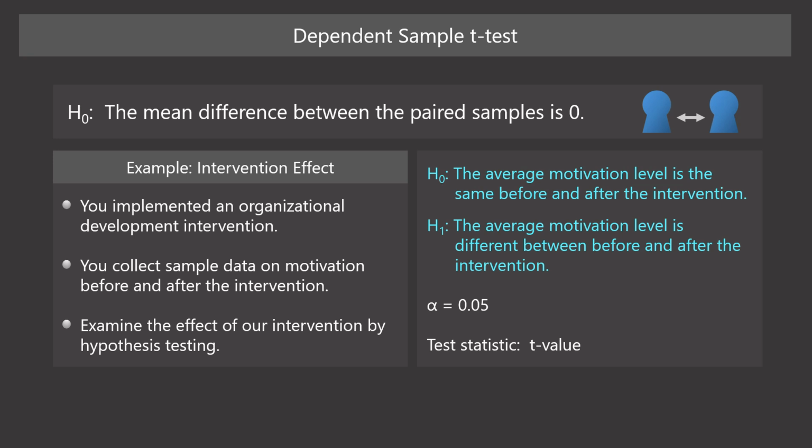And the alternative hypothesis is that the average motivation level is different between before and after the intervention. The significance level is set to 0.05, and we use t-value as the test statistic. Then, find p-value from the t-value and compare it with the significance level.